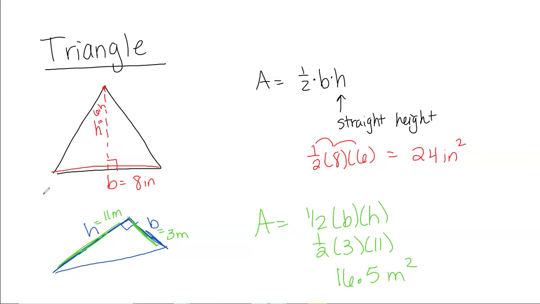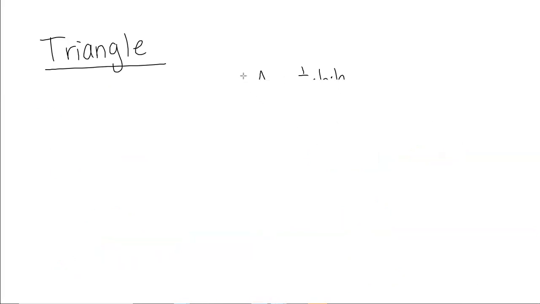Okay. It is possible also that they drop the height outside the triangle, just like what happened with the parallelograms. Let me show you one of those. There we go. So this one, they could drop the straight height on the outside and connect.